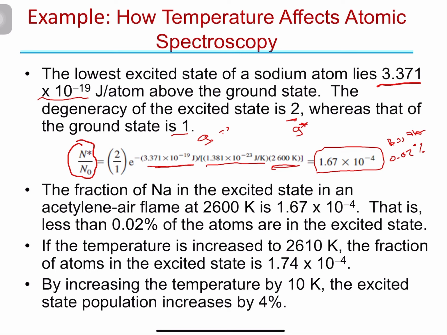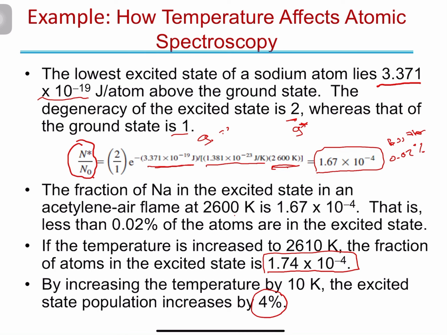If we increase the temperature by 10 degrees, so the temperature is now 2610 Kelvin, and calculate this ratio, we find it's 1.74 times 10 to the power minus 4. That means by increasing the temperature by 10 Kelvin, the excited state population increased by 4%.